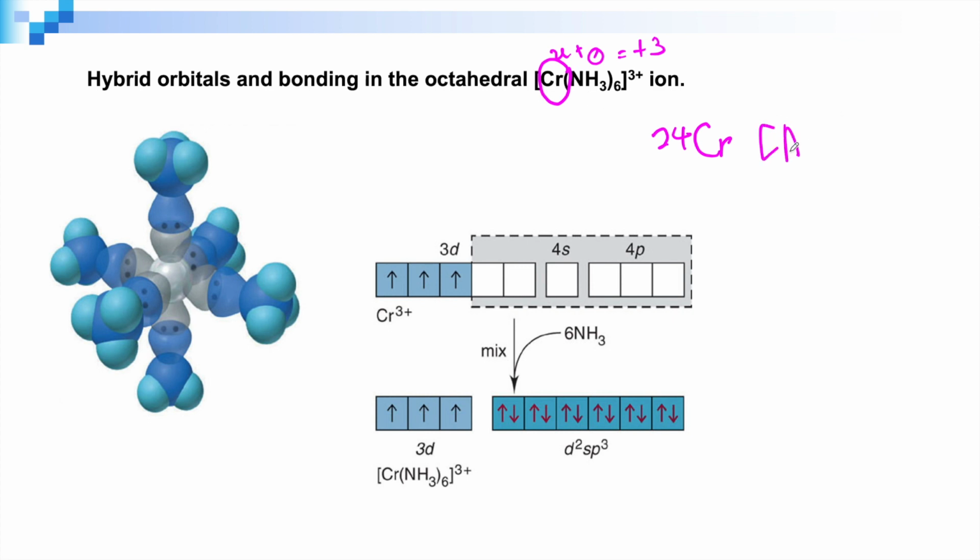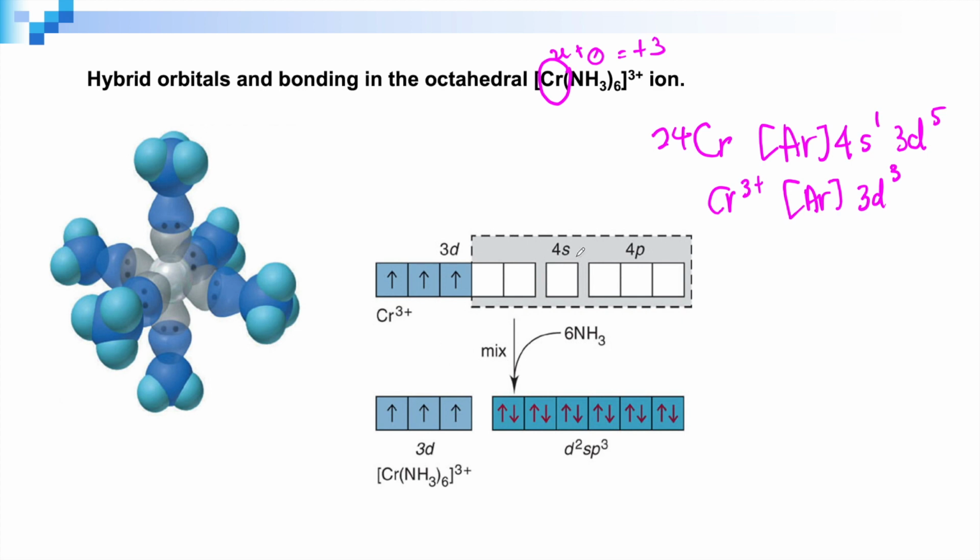This one will give you Ar 4s1 3d5. Okay, please remember chromium and copper, they have exceptions. So you want to have the chromium 3 plus, so this one is Ar. Then you need to remove 3, 1 from here and another 2 from here, so it will give you 3d3.